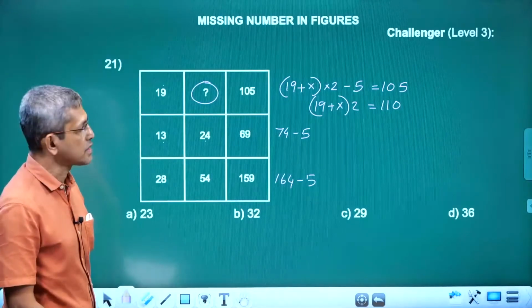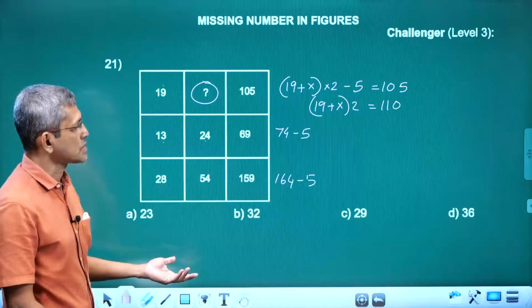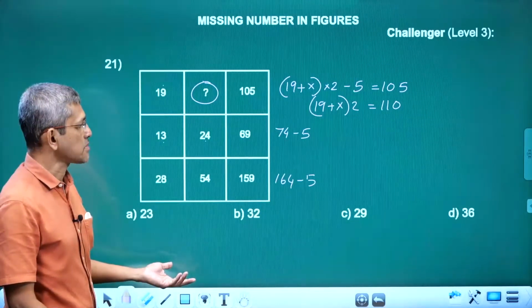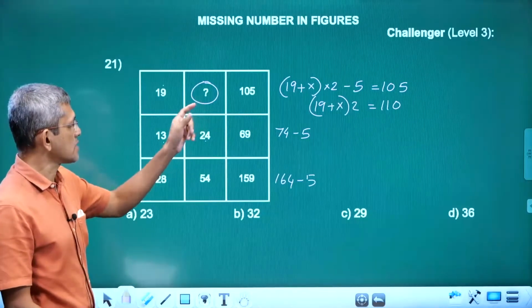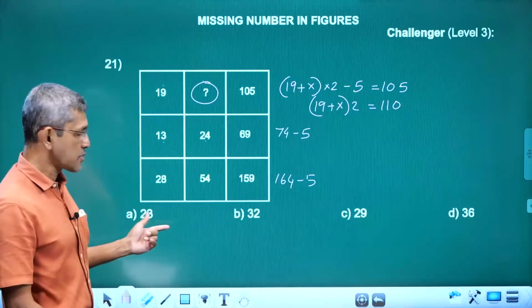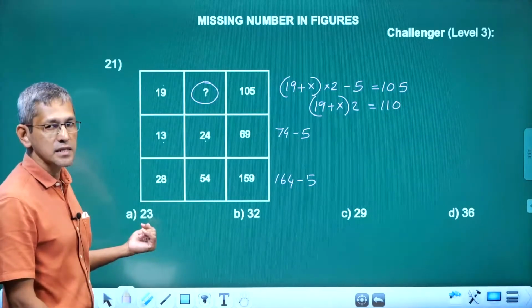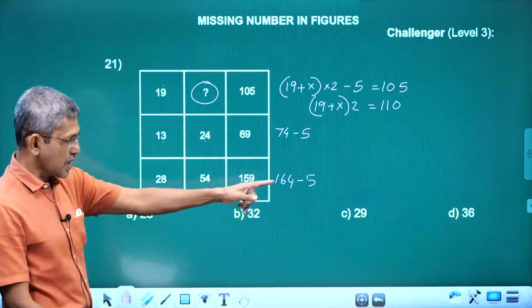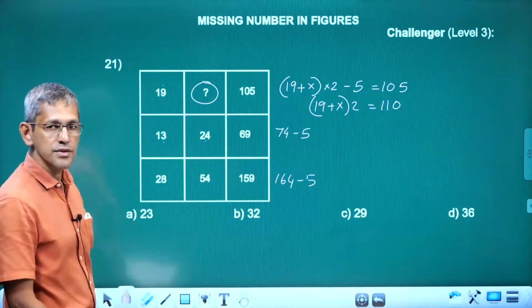Or the other way, 19 plus x is 55. So what is the number here? 55 minus 19, how much is that? 36. So we have the answer choice right there, 36.